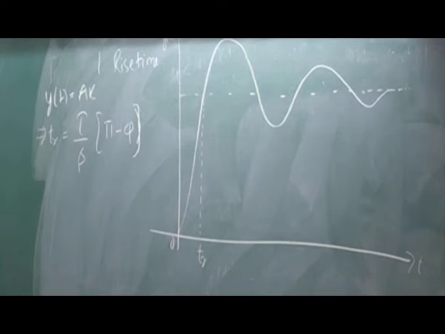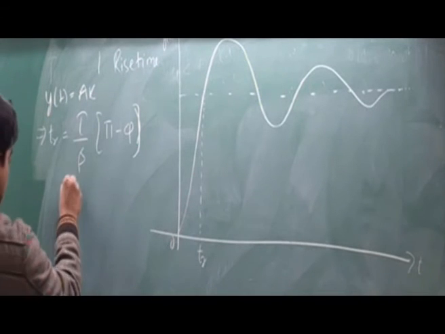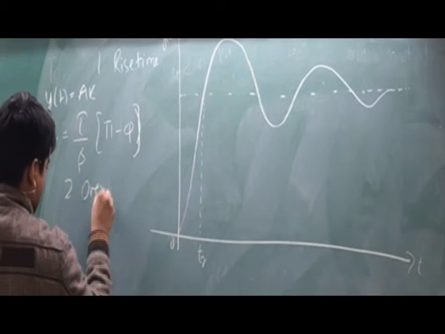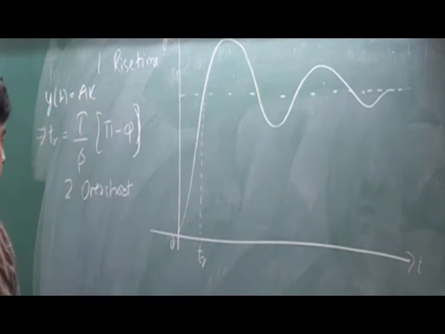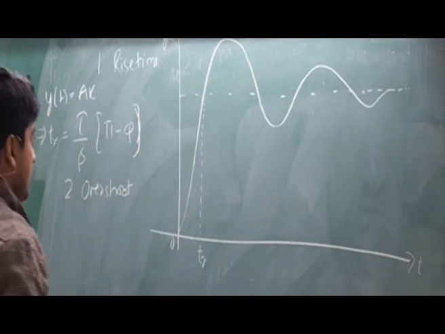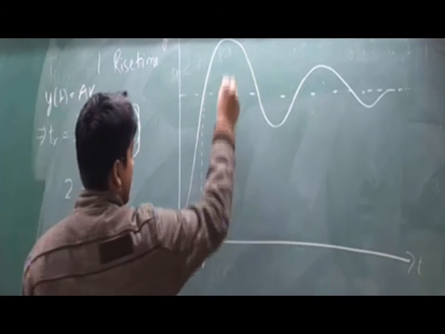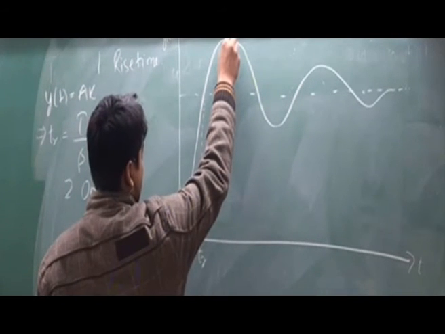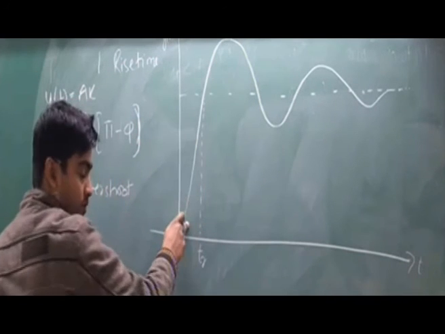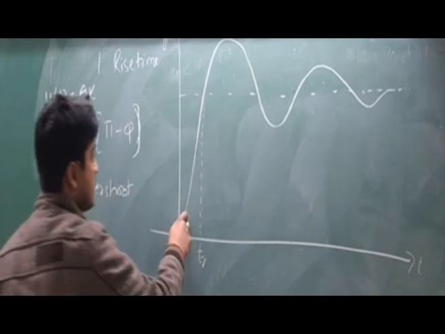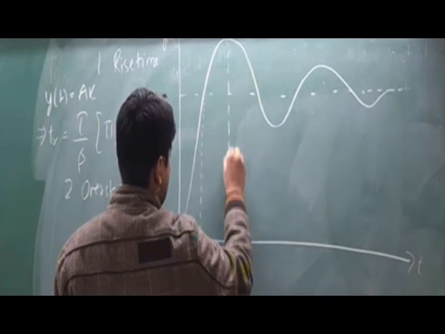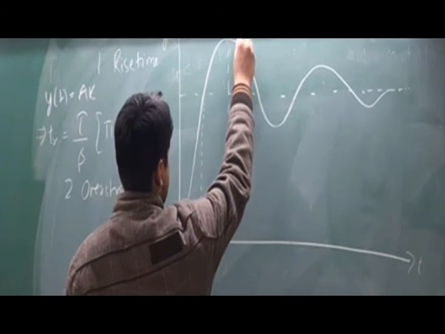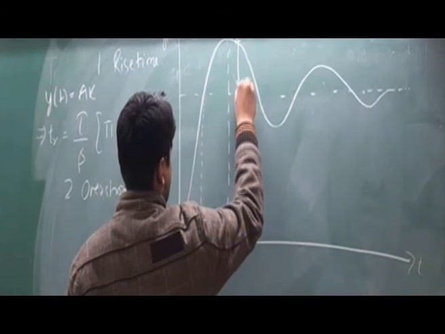Now comes the overshoot, the second one. The overshoot says the maximum value reached by the output of the system from the steady state value, from this one.